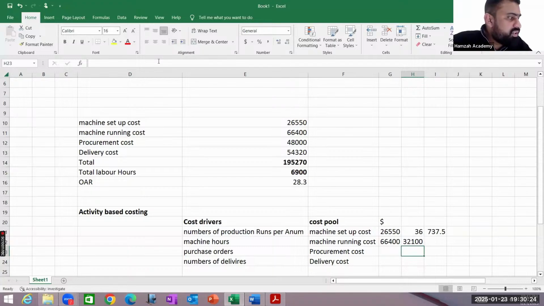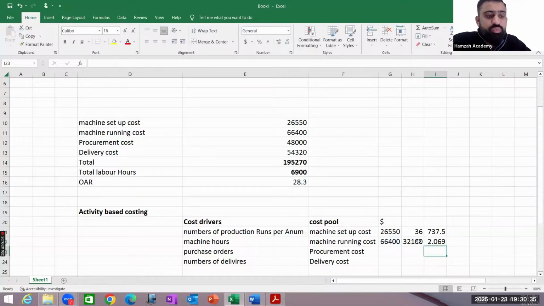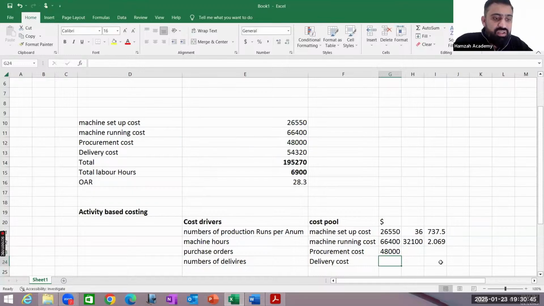So 32,100 would be the total machine hours, and the running cost per machine hour will be 2.069. Then for procurement, the total cost is 48,000, and the number of cost drivers would be the purchase orders.